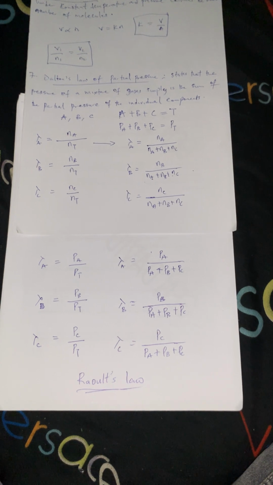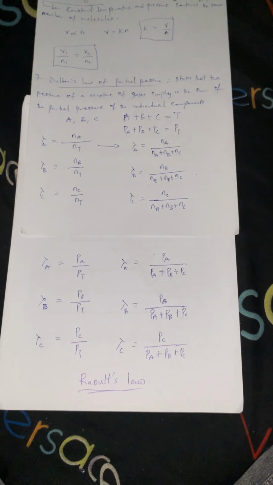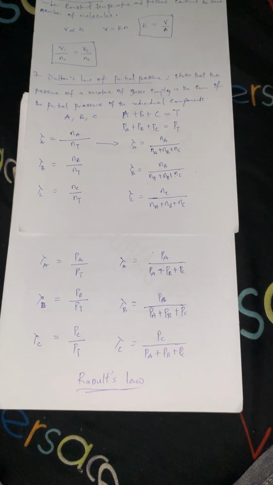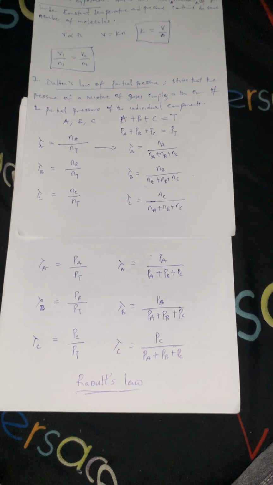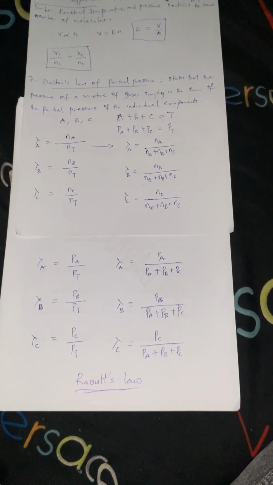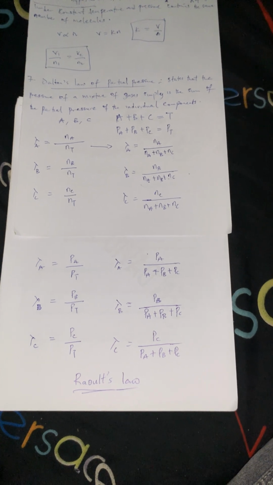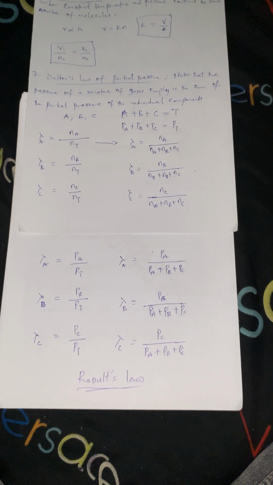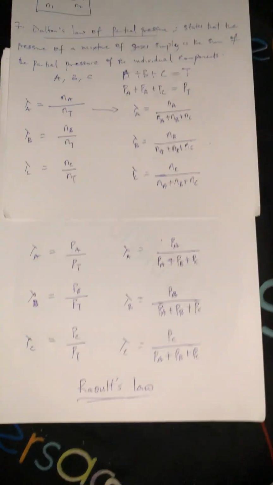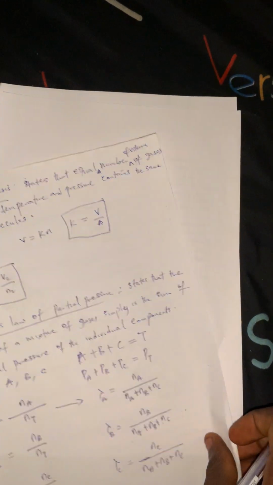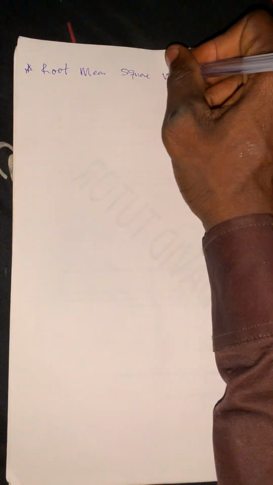Now, when you're talking about the root mean square velocity, you have to recollect what we mean by velocity. Don't forget that velocity is measured in meters per second. And once velocity is measured in meters per second, let me go to that aspect, the aspect of root mean square velocity.